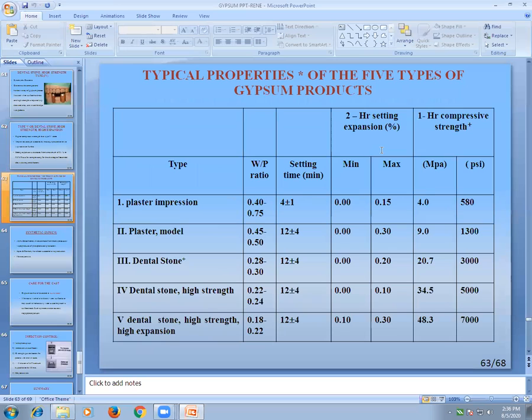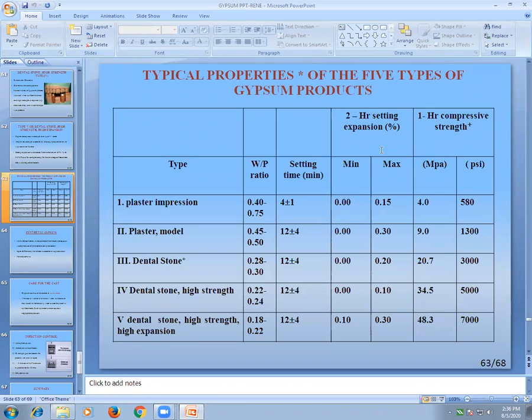Typical properties of the 5 types of gypsum products. Here they have given a chart mentioning the properties: the water powder ratio, then setting time, setting expansion and compressive strength. In the case of plaster, more water is required, so there is less strength, and the setting expansion is 0.15.